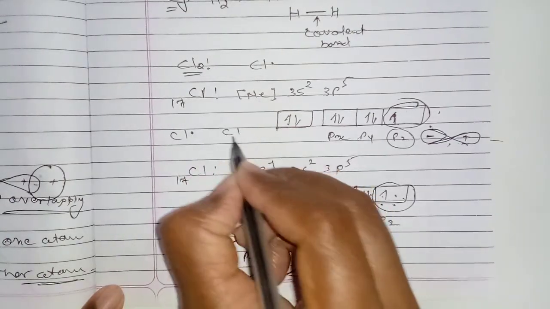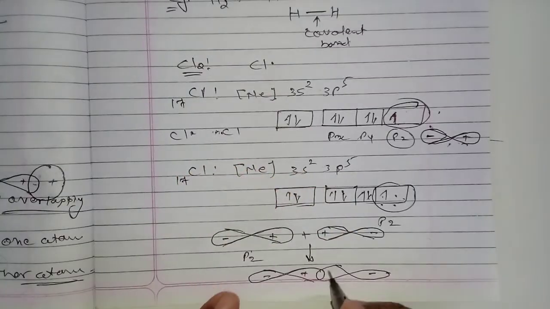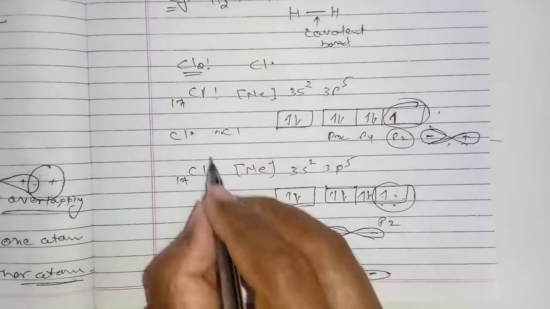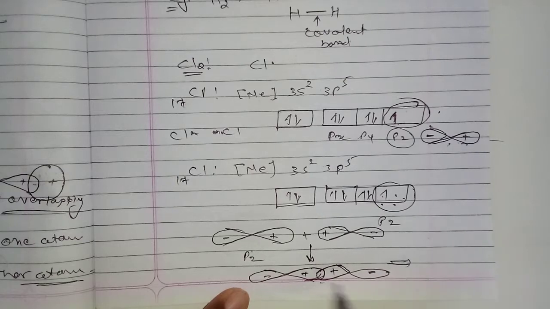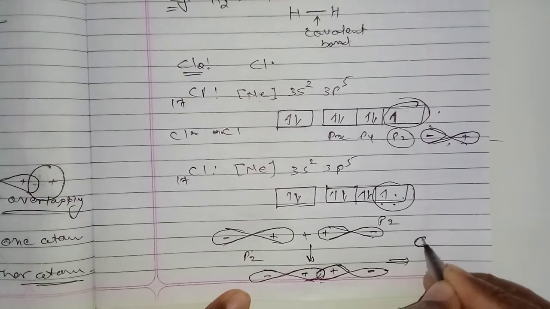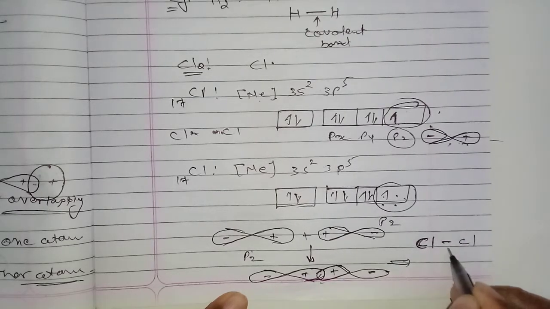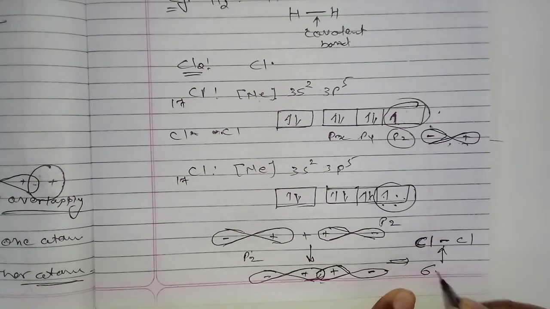Chlorine has one unpaired electron, and by sharing this electron, it makes a sigma bond. So between two chlorine atoms is a covalent bond of sigma type.